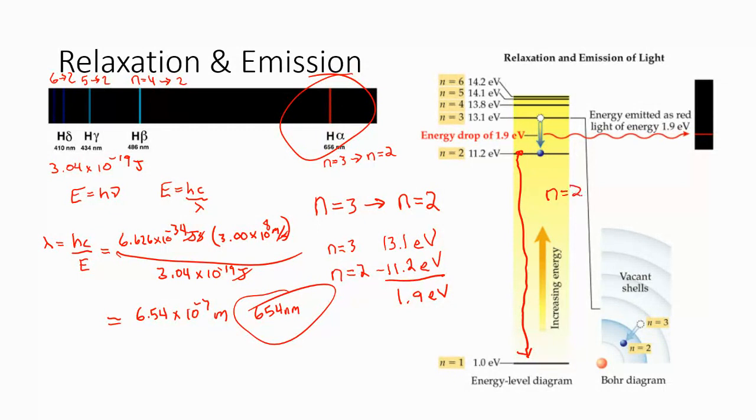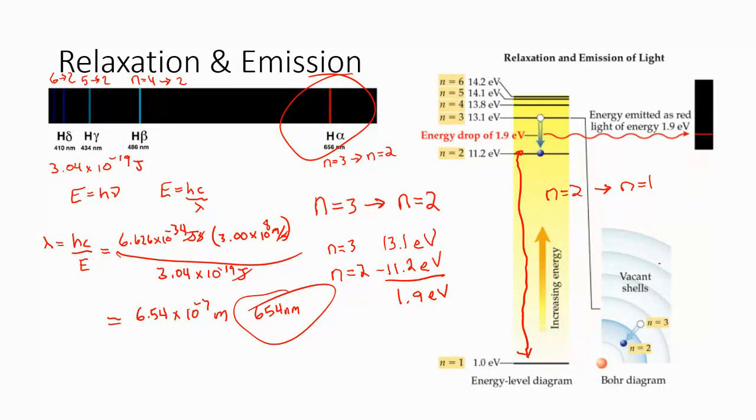Well, the answer is pretty simple. It's too high in energy for us to see. And almost certainly we would see this if we could see ultraviolet light, but we can't.